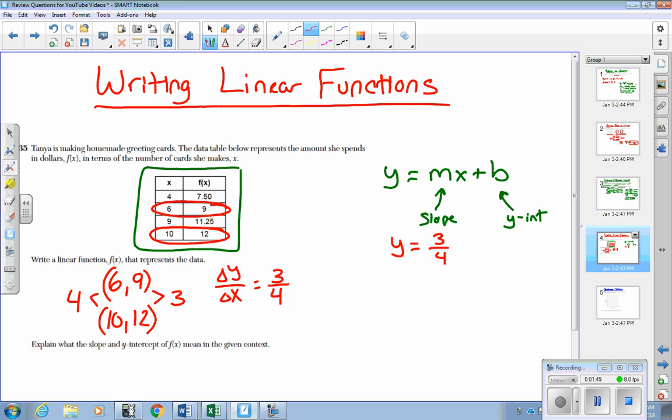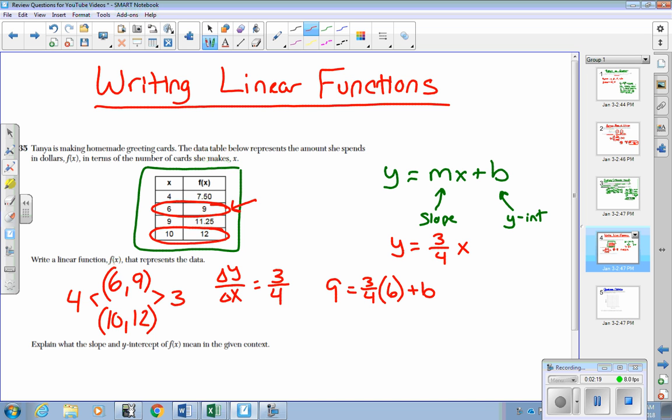So as far as our equation goes, right now we have 3/4 for m. Now, to find b, we're going to have to take one of those points and our slope and figure out what that b value is. So I'm going to use this first point, 6, 9, and I'm going to rewrite that formula with those points and the slope in it. So I have 9 equals 3/4 times 6 plus b.